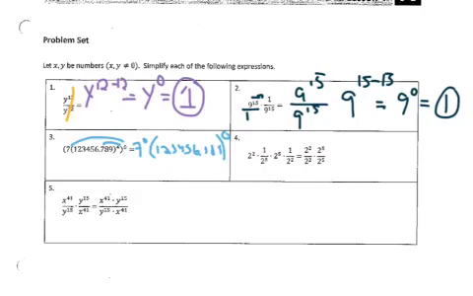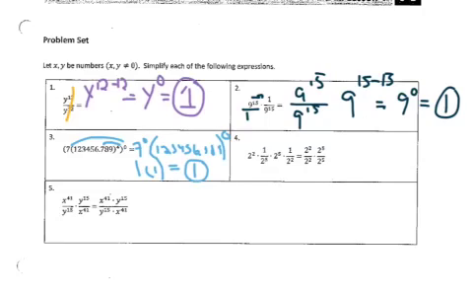So now, 7 to the 0 power, like I said, anything to the 0 power is 1. Over here, we also have a value raised to the 0 power, which will also give you 1. And if I multiply 1 times 1, my final answer will be 1.